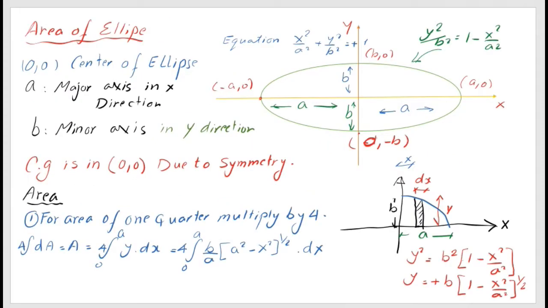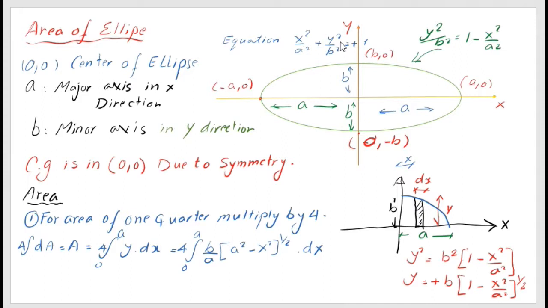Now we will move to a new topic, which is the ellipse. If the center of the ellipse is at the intersection of the x and y axes, then it could be represented by the equation x squared over a squared plus y squared over b squared equal to 1, where a is the major axis distance along the x-axis, and b is the minor axis distance along the y-axis.